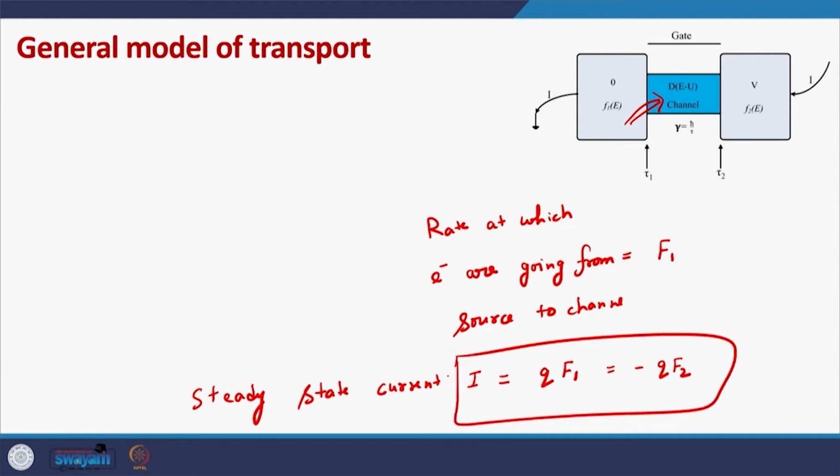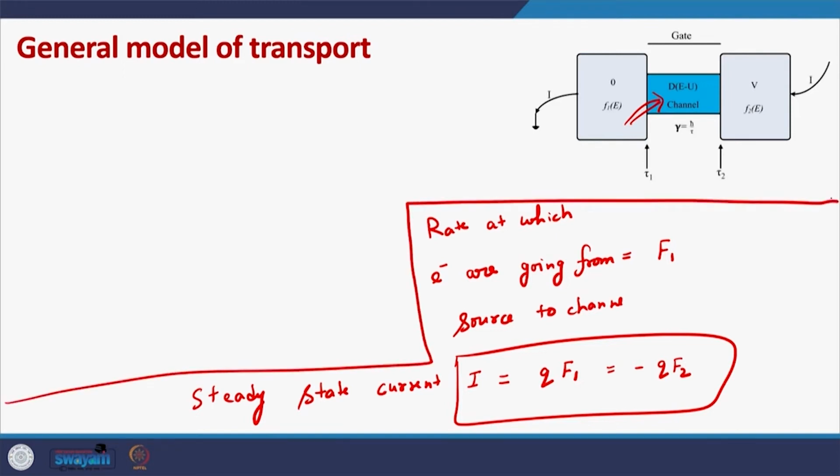Now, let us see what it turns out to be. I will be Q times F1, and F1, if you recall, is (N1 prime E minus N prime E) divided by tau.